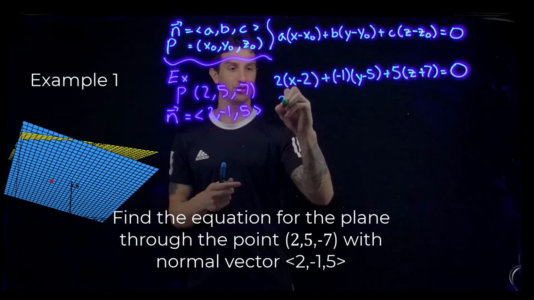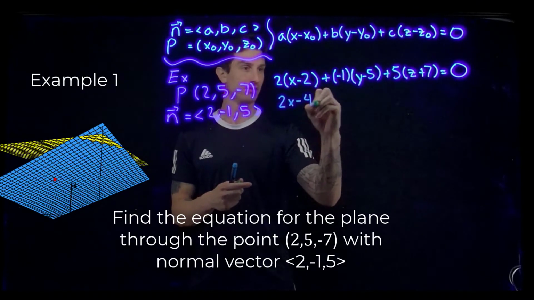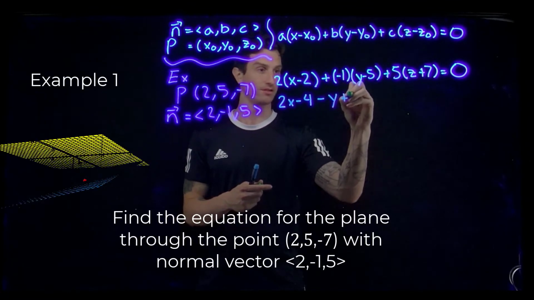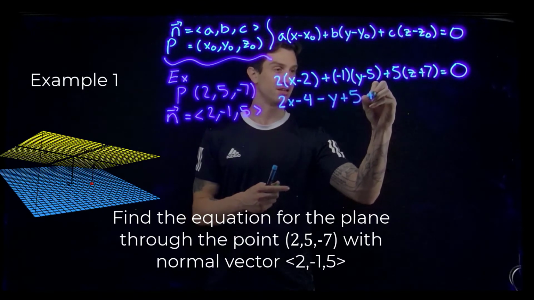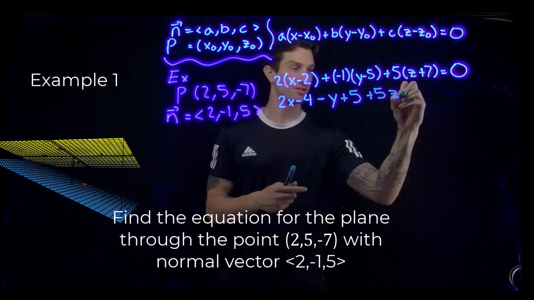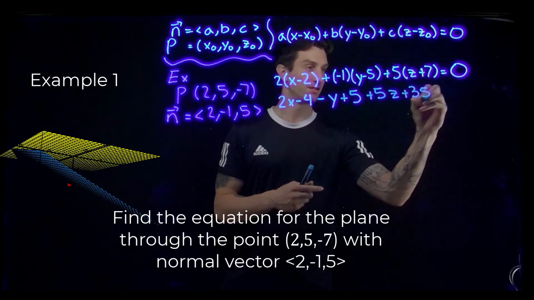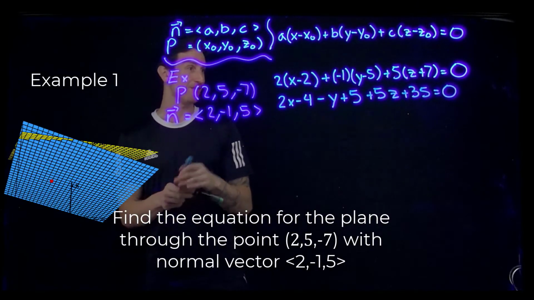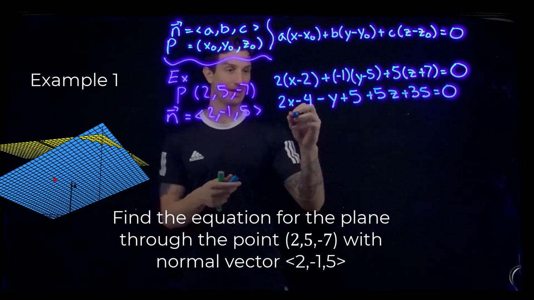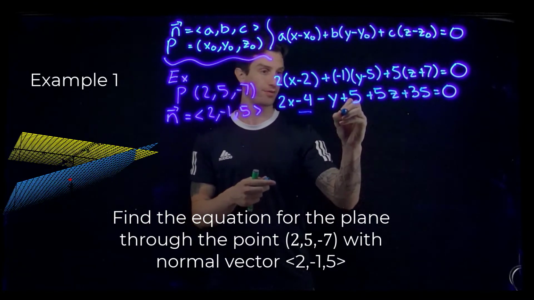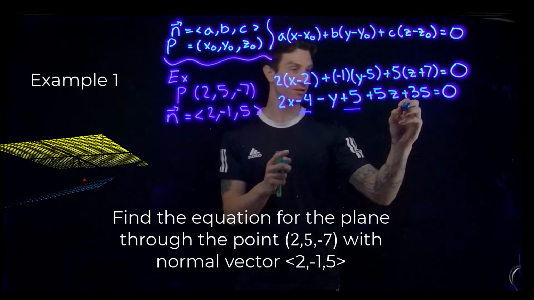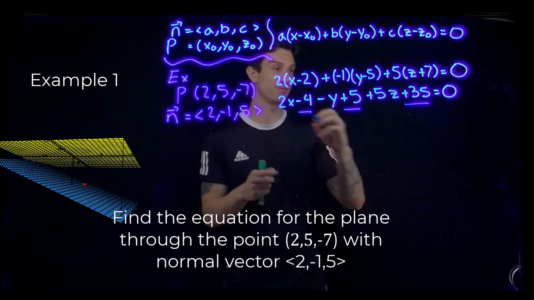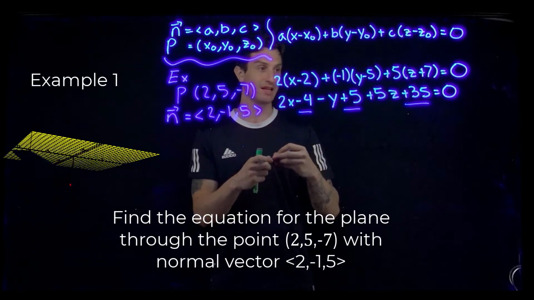So we have 2x minus 4 minus y plus 5 plus 5z plus 35 is equal to 0. I'm going to underline everything that we want to move to the right-hand side. What do we have? We have a -4 plus 5, so that's a +1, plus 35. So we now have a plus 36, and if we bring it to the other side, it's going to be a minus 36.